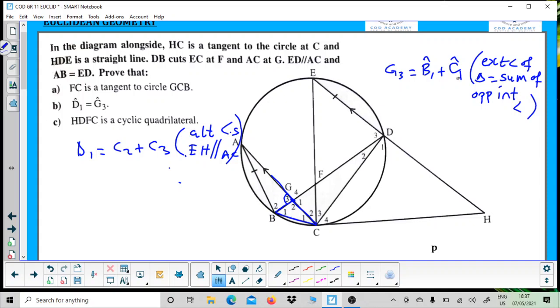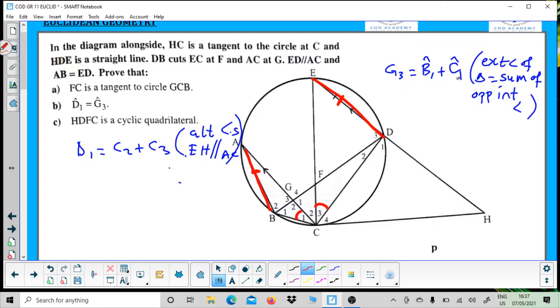Okay, now let's remind each other something. I'll say one statement at a time. Let me remove things that we don't need. Who remembers that this line and that line are equal to each other? This chord is subtending angle C3 at the circumference. Can you see that? And this chord is subtending angle C1.